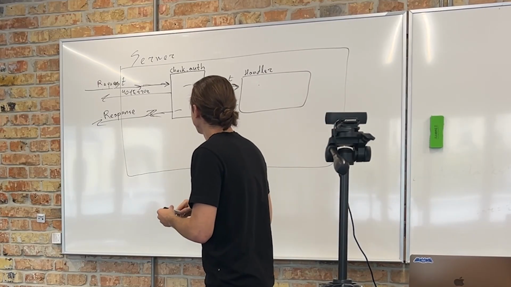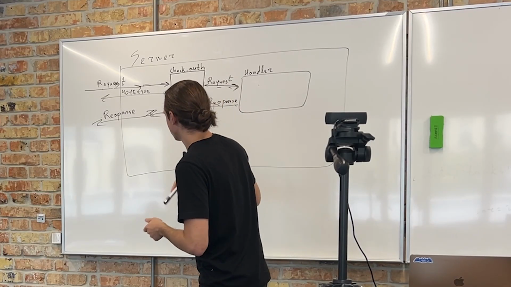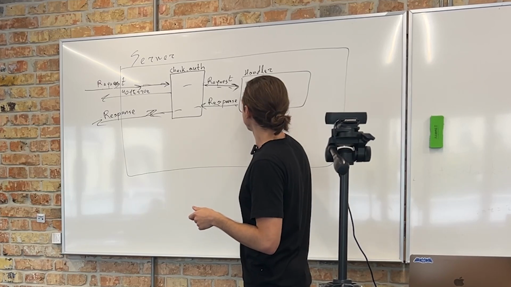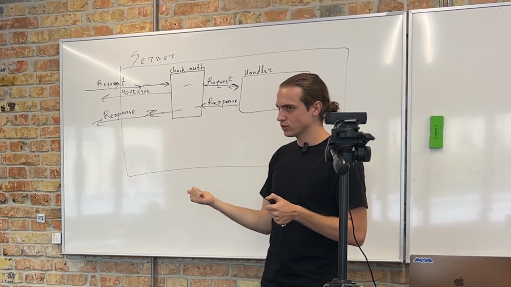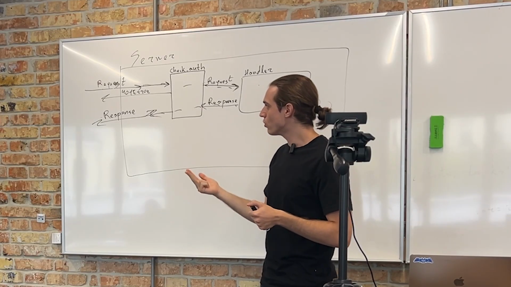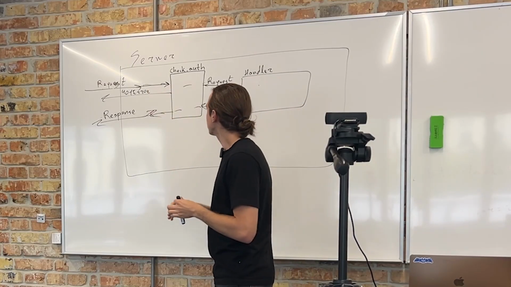And middleware also helps us to change a response. For example, in the middleware, we have a response from the handler: its content, its headers, and the code of the response, like success or error.